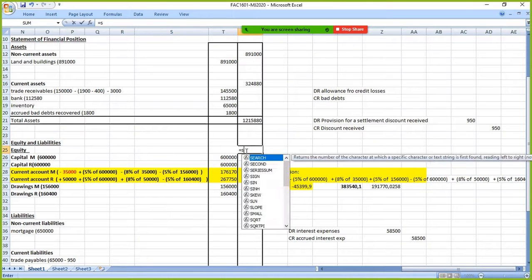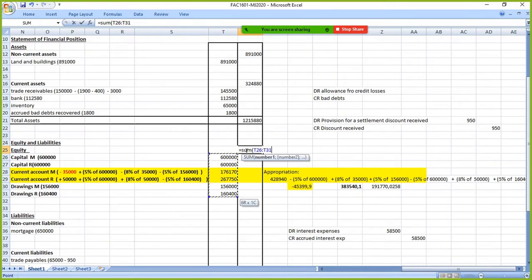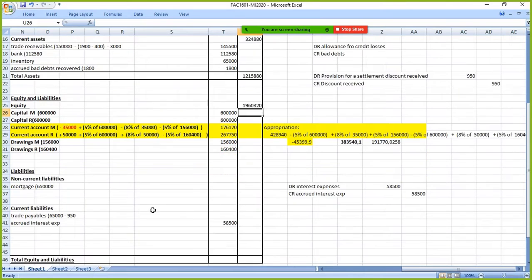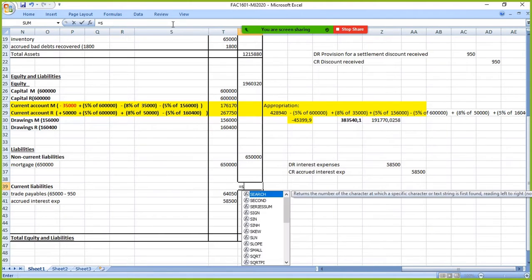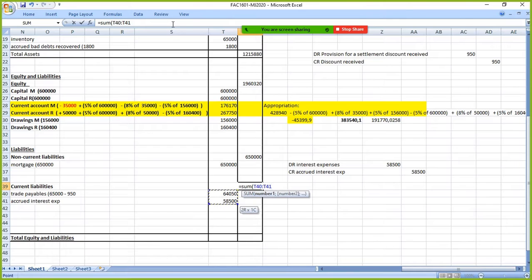Okay, equity gives me that figure. Okay, the mortgage. Okay, equity plus liabilities.